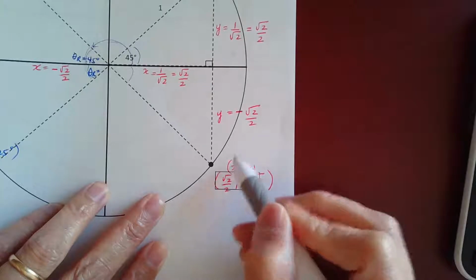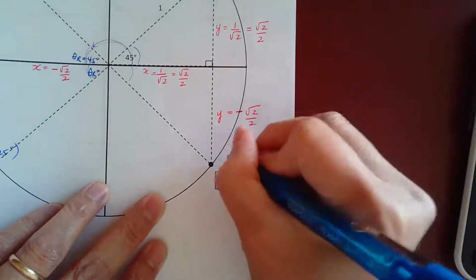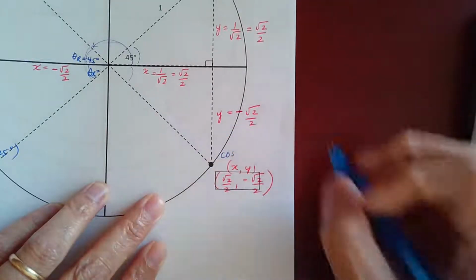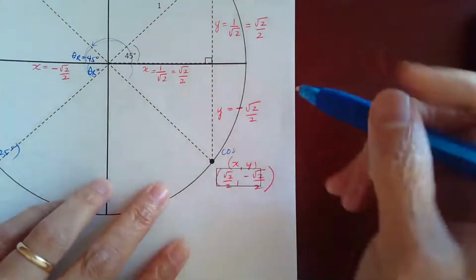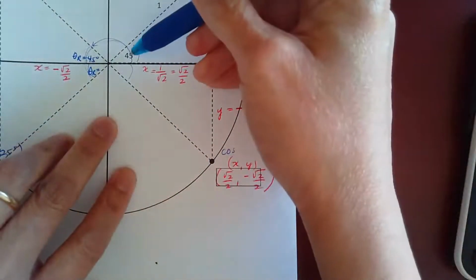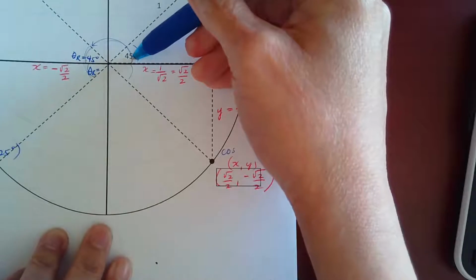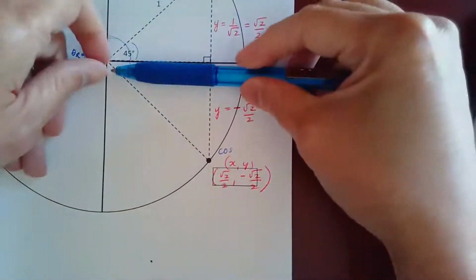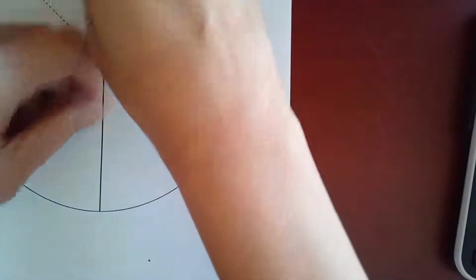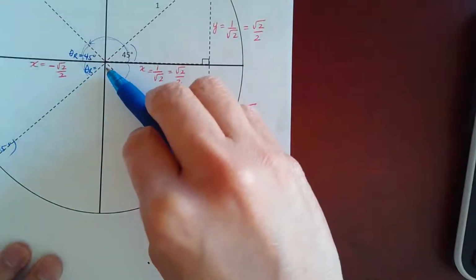And again, this x, that's the cos of the angle. Well, what angle are we talking about in standard position? That's from 0. Okay, so this is the initial arm going all the way around to this terminal arm.